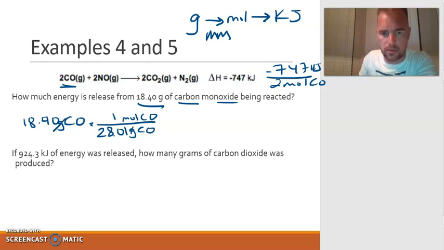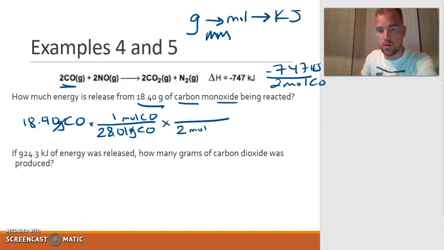So my grams will cancel. Now here's what's important. For every 2 moles of carbon monoxide that are reacted, 747 kilojoules of energy are released. The reason there's a 2 here is because that's the coefficient right there. Whatever coefficient was there, that's what needs to go there.